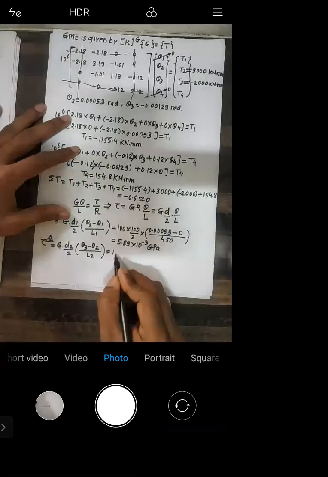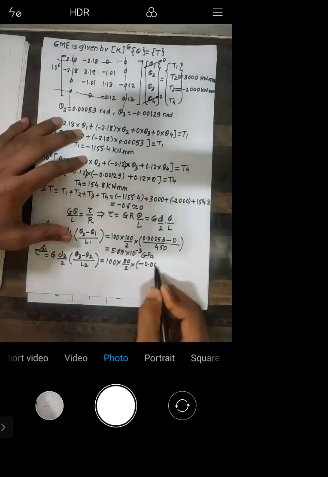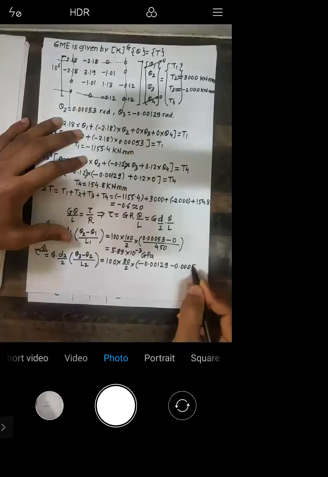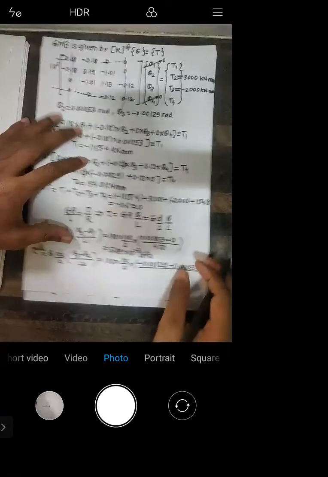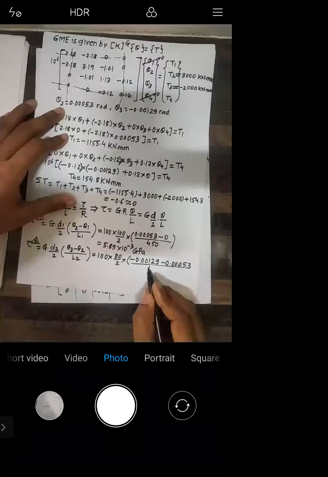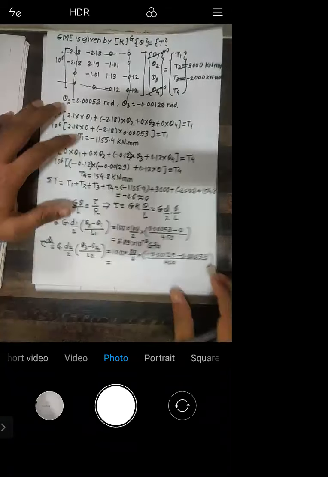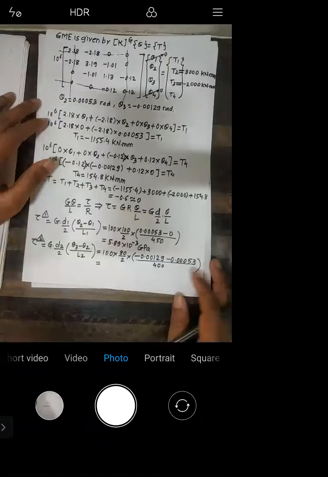So G is 100, the diameter of the second one is 80, so it is 80 by 2 into theta 3, which we calculated as minus 0.00129, minus theta 2, which is 0.00053, upon the length of the second element, 400, right? So you will get some value here, minus 0.0182.